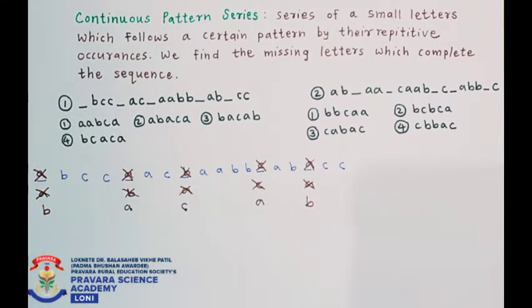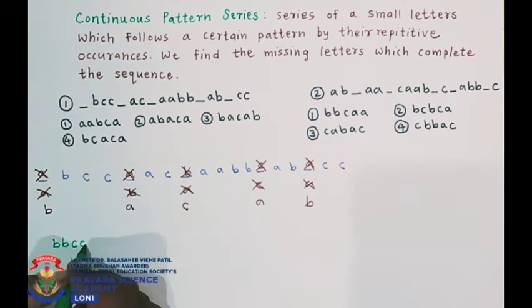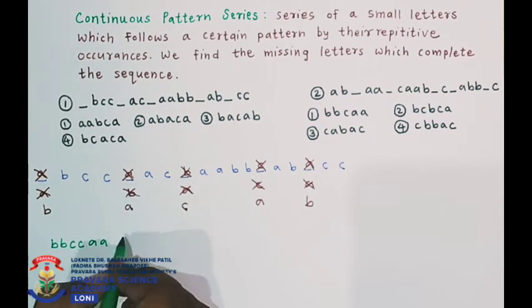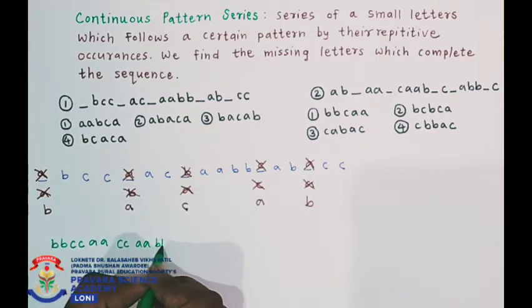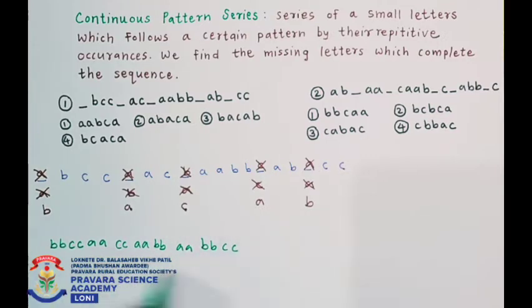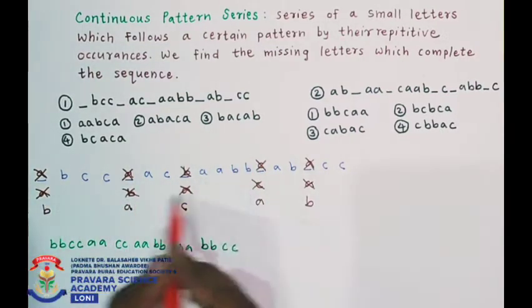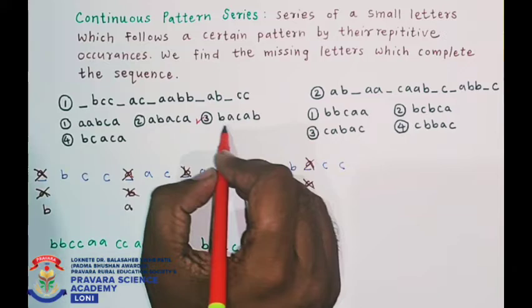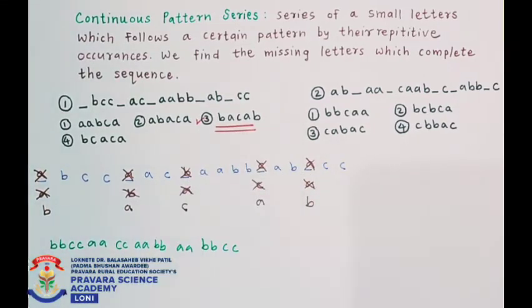That means this pattern will be like this: BB, CC, AA, then CC, AA, BB, AA, BB, CC. Now you can see there is a pattern of their repetition, and we got this pattern by putting the third alternative on these blank spaces. So our answer will be the third one, that is BACAB.